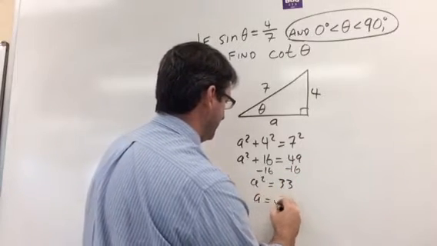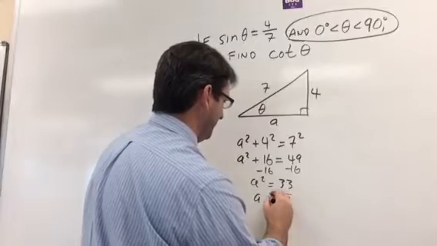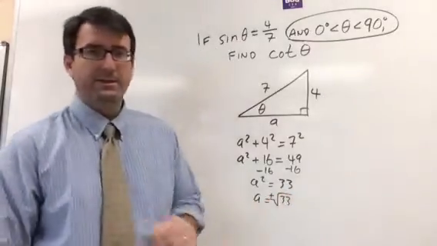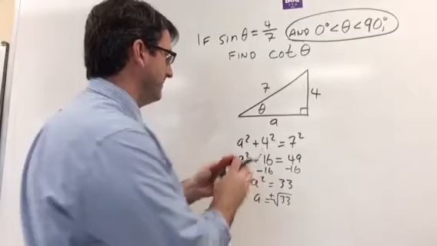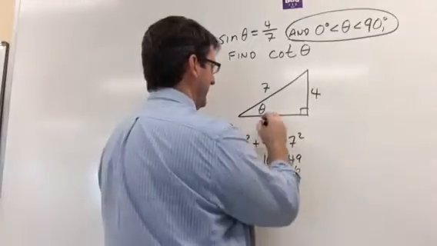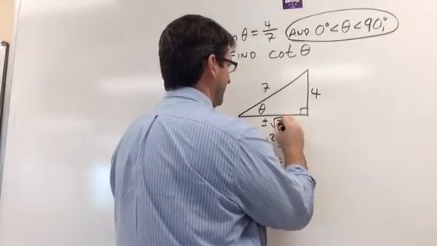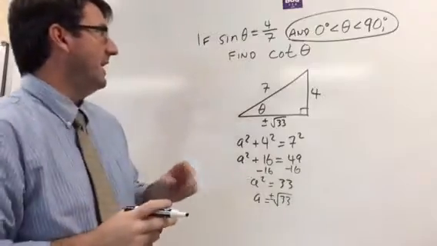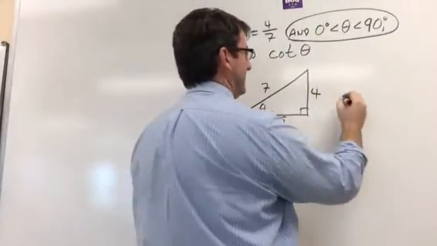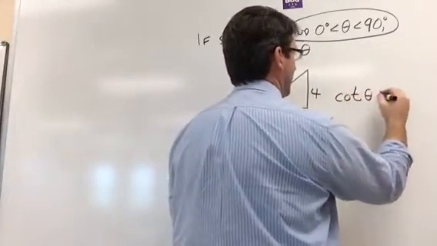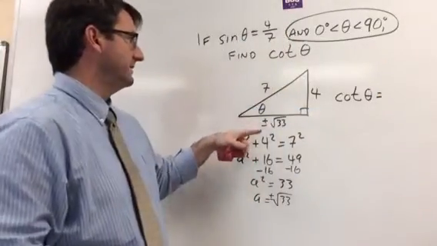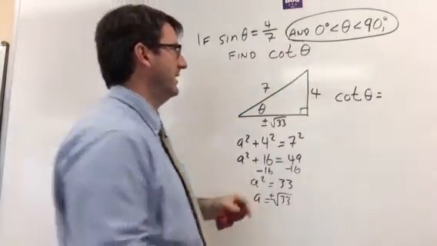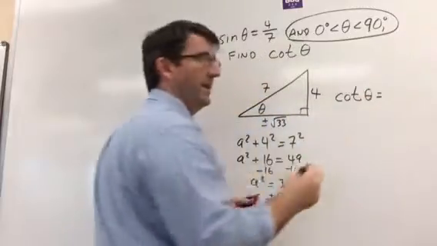So A is the square root of 33, plus or minus. Let's leave that plus or minus in there right now. So we'll replace this A with plus or minus square root of 33. So the cotangent of theta is equal to the adjacent side over the opposite side.